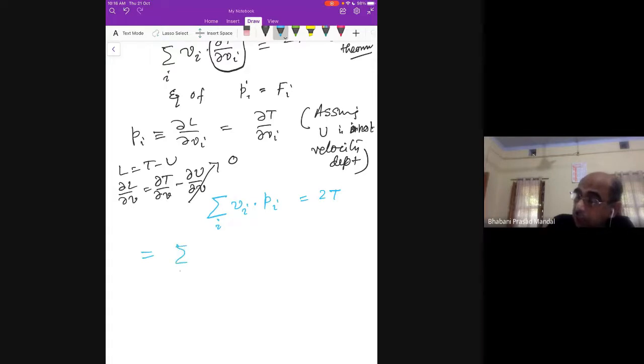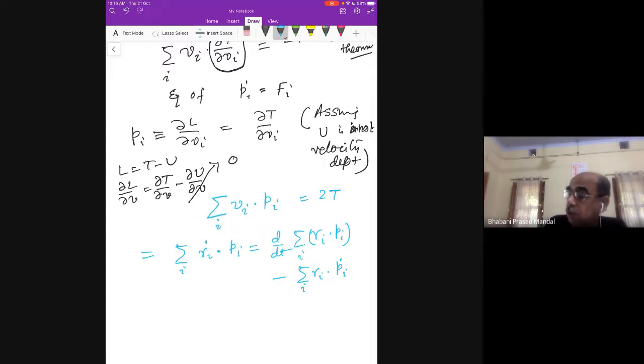This equation further I'll rewrite in a simple way. This is Vi, meaning Ri dot, and this is Pi. So I can write d/dt of sum over i of Ri dot Pi, minus sum over i of Ri dot Pi dot.